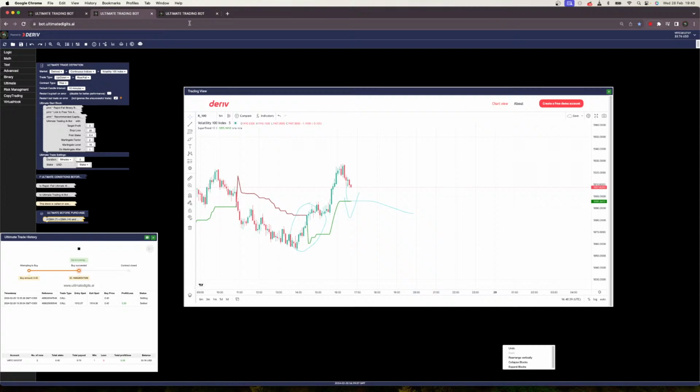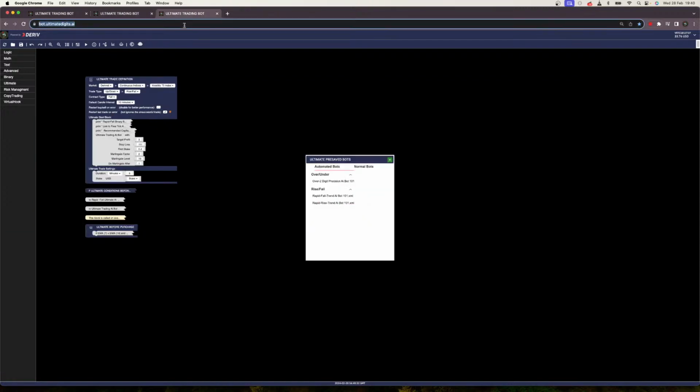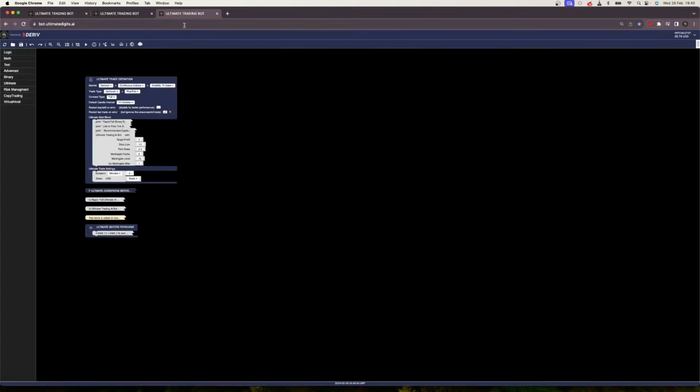So the other feature I wanted to test and show you is the digit trading.